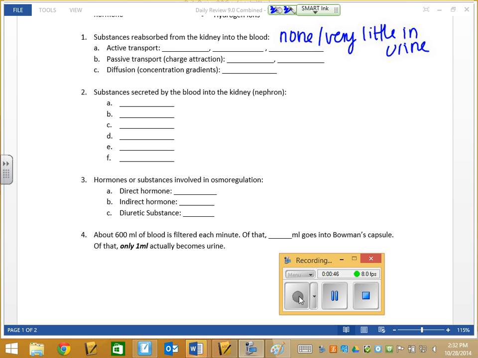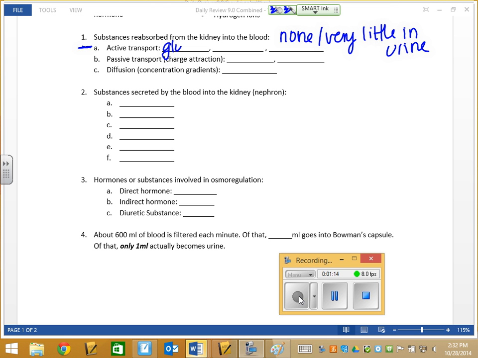Now, the first things are things that are transported via active transport. That means that your body is going to expend energy to move these substances. And the reason it needs to do that is because these won't move naturally. There is more of these substances outside of the nephron than inside. And normally, particles won't move to an area where they're already in high concentration.